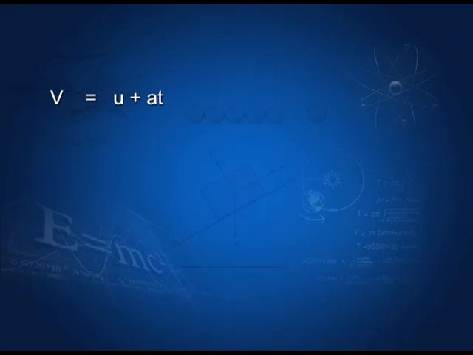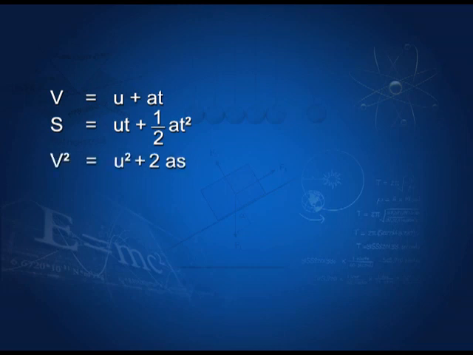The equations of motion which you had studied earlier, where v was the final velocity attained by a body which started off with the initial velocity of u and moved with an acceleration of a for time t. Another equation of motion that we had was given like this, where s was the displacement, and we could consolidate all this in this form: v square is equal to u square plus 2as.